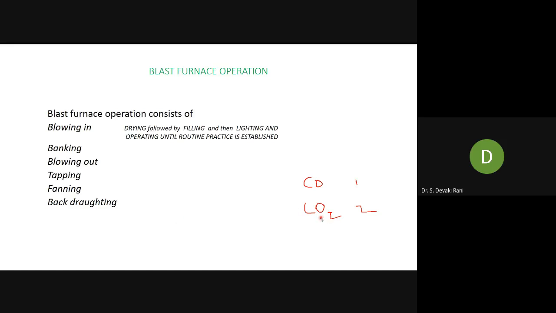If you have so much CO2 and pass that CO2 into the blast furnace, what will it do? If you are saying that after cleaning you pass it into the blast furnace, and the gas contains more CO2, what will it do when passed into the blast furnace? Can do nothing, ma'am. Then why do we pass it?